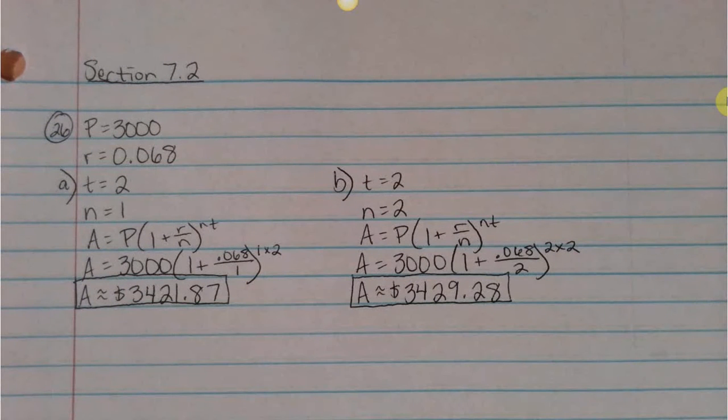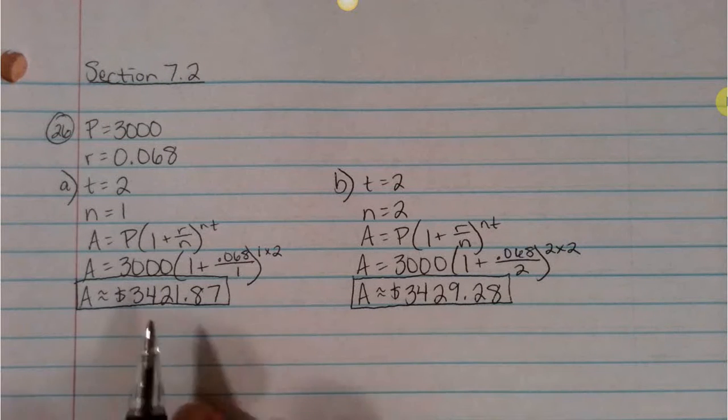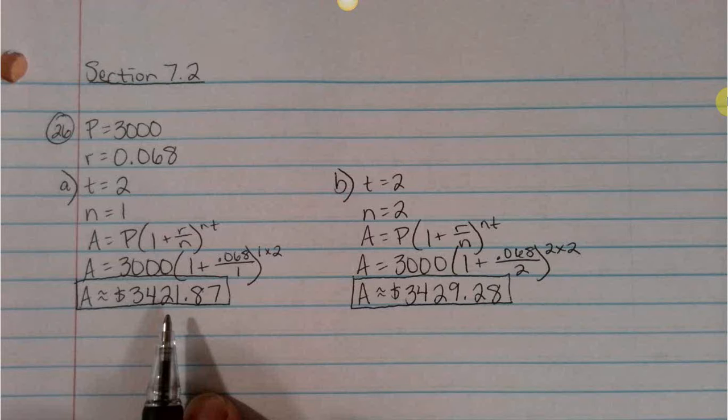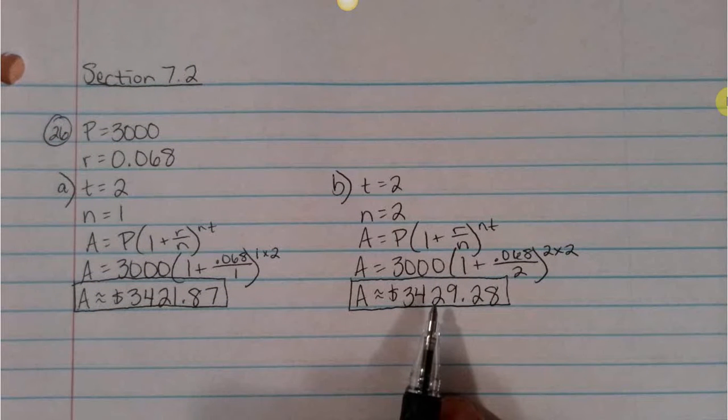So part C, in which case do you make more money on interest, and why is this so? So you can see that we made a little bit more than $7 more in interest in the compounded semi-annually situation versus the compounded annually situation. And that's just because in this case, you're getting that interest added to your account after 6 months.